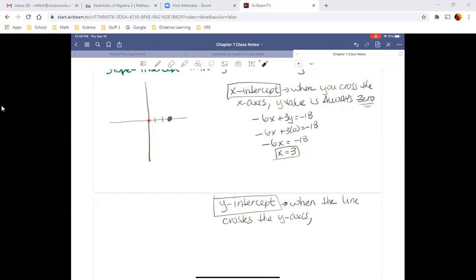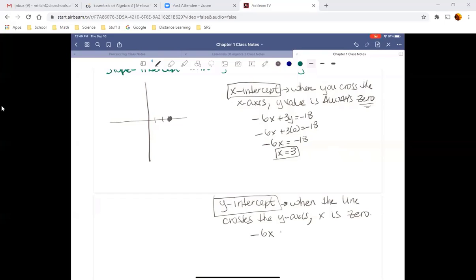So what's my x value right here at the origin? 0. If I moved up 2 spots, what would my x value be? Still 0, right? If I move down here, what's my x value? 0. So if I'm looking at where I cross the y-axis, what do I know about my x value? X is 0. So now I can look at that equation again.